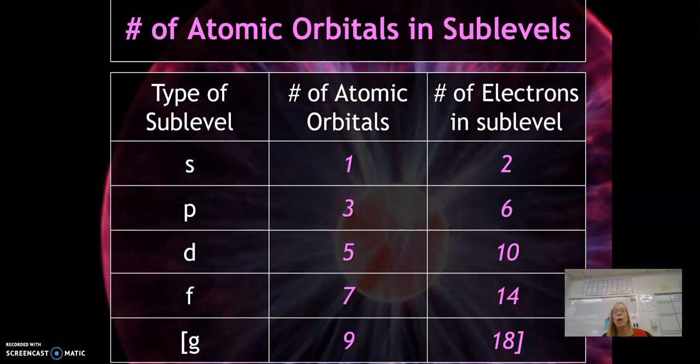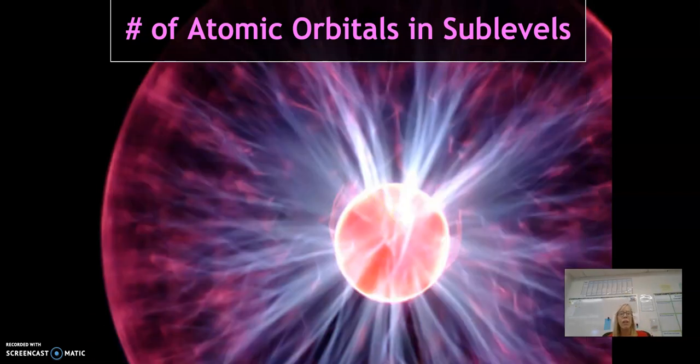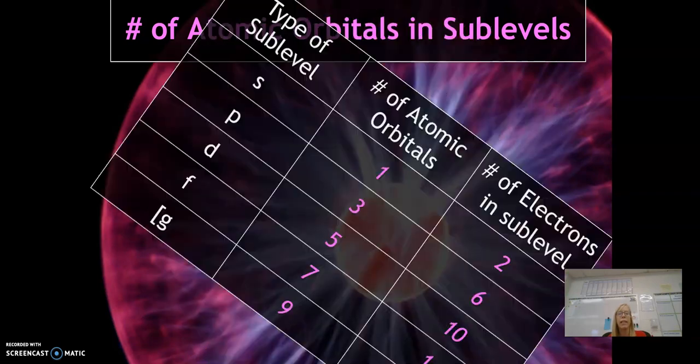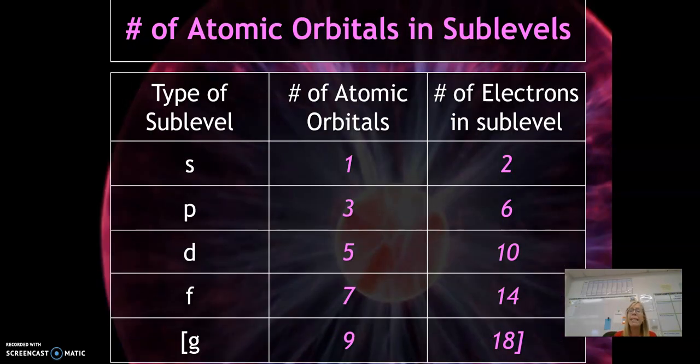All right, an s sublevel, sorry about that, my PowerPoint's going a little nutty. Okay, there we go. An s sublevel has 1 orbital. Remember, each orbital can only hold 2 electrons, so there are 2 electrons in the sublevel. A p, the dumbbell, has 3 dimensions, so it has 3 orbitals.